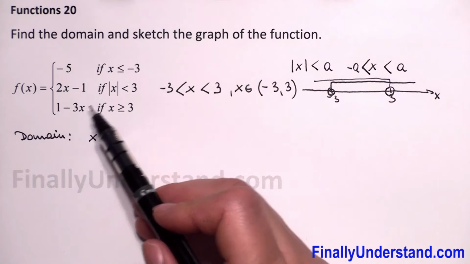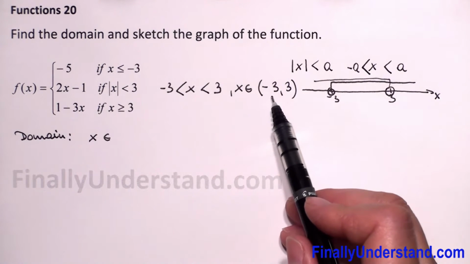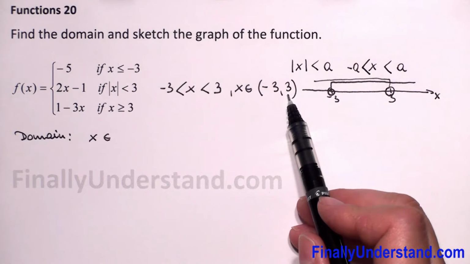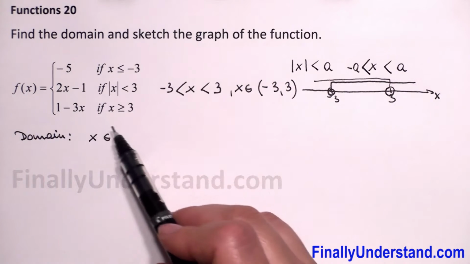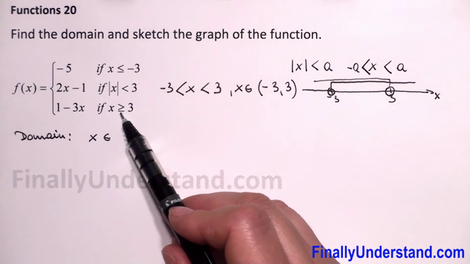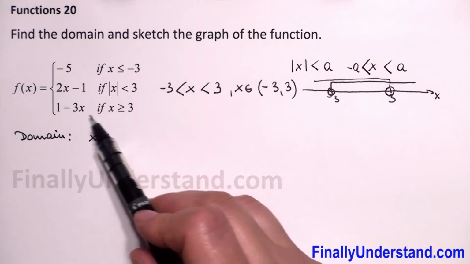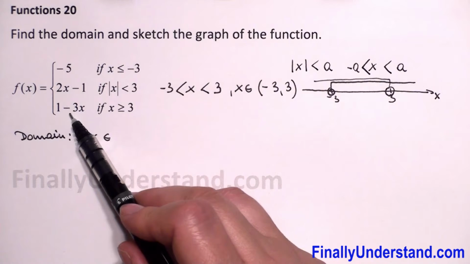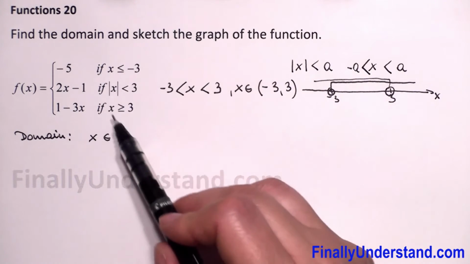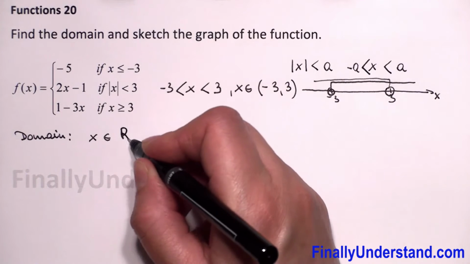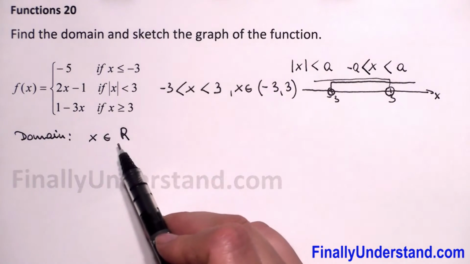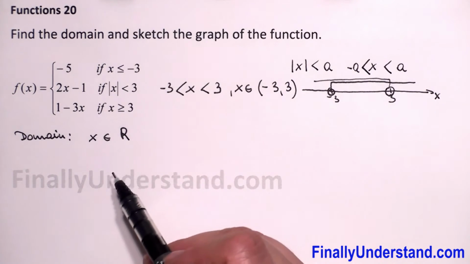For x belongs to interval from -3 to 3, we have line 2x minus 1. And for x greater than or equals 3, we have to draw the graph 1 minus 3x. So our x belongs to all real numbers, we can write. So this is our domain.